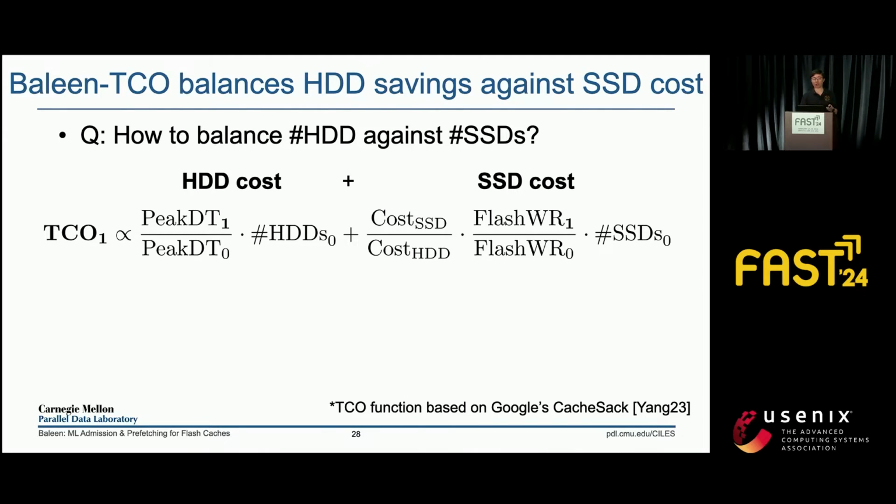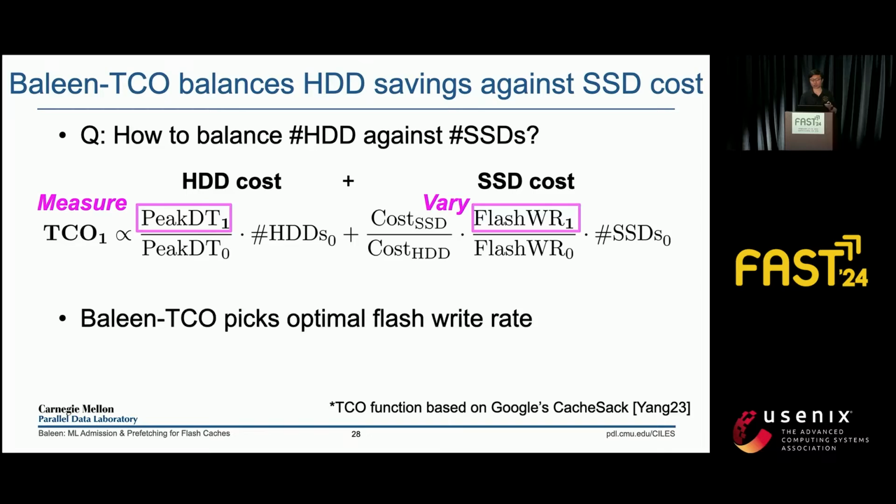If we have the relative cost of flash and hard disk, we can run a simulation and get peak disk time for different flash write rates. Then we can balance the cost reduction from reducing peak load, and thus the number of hard disks we need to serve that load, versus the amount of flash writes we use, which will affect how many flash drives we need to buy in the long run. Baleen TCO is a variant that we developed that picks the optimal flash write rate for each workload.